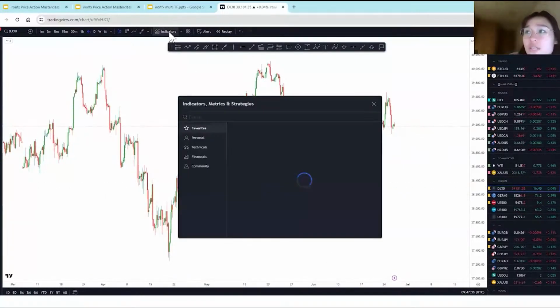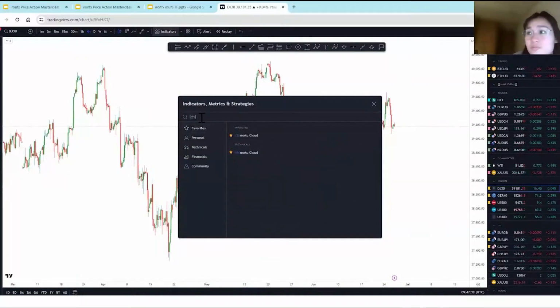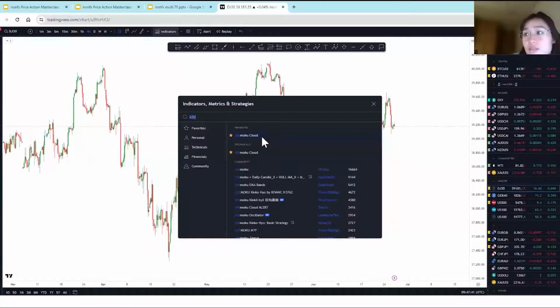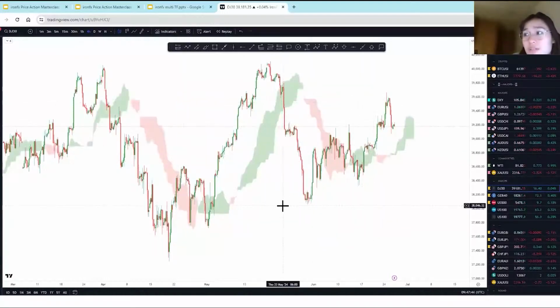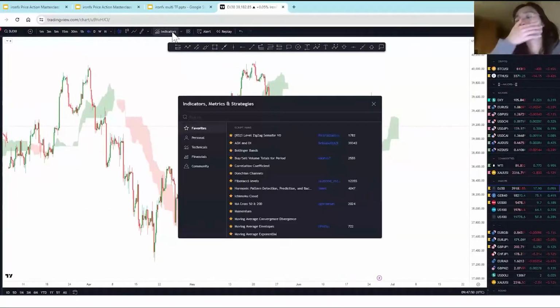If you click on indicators and search up Ichimoku Cloud, it shows up like that.